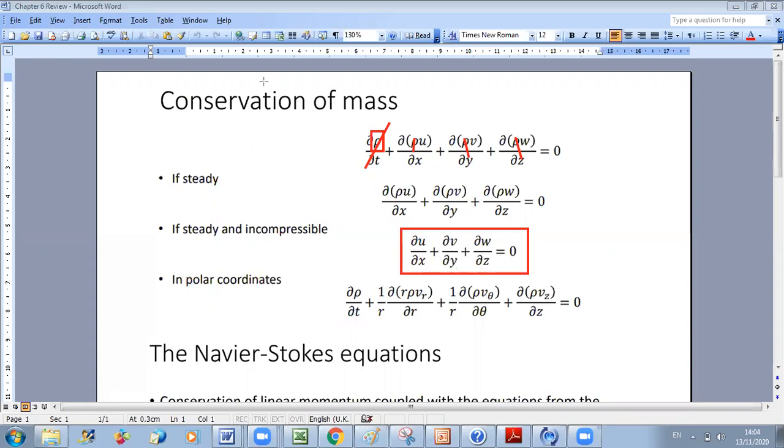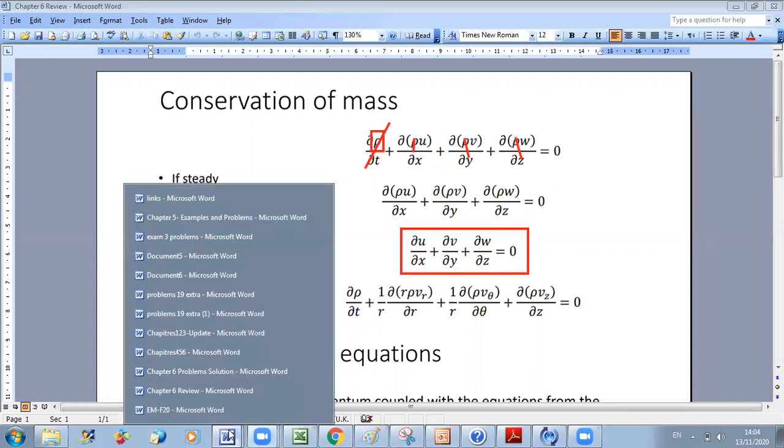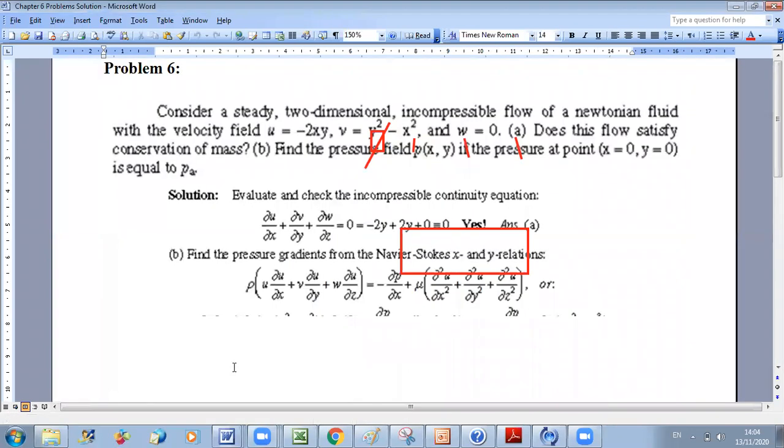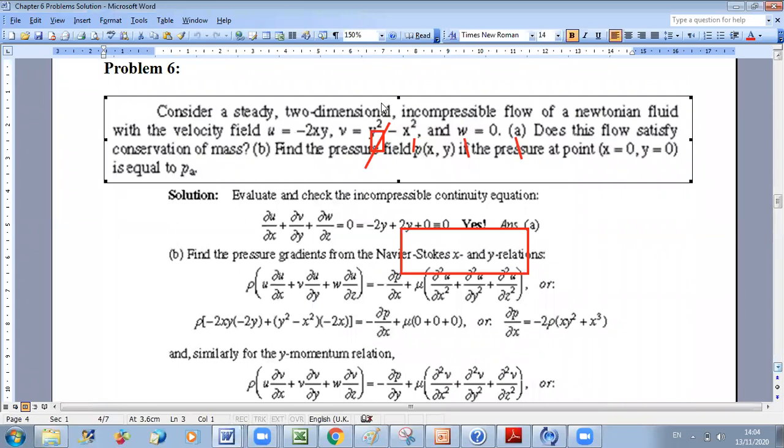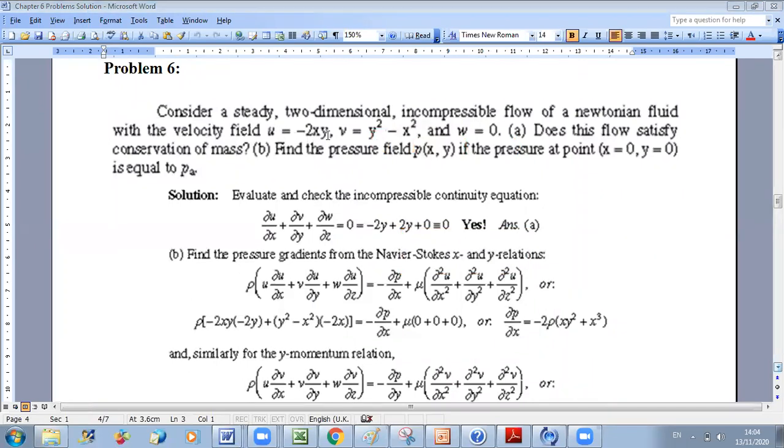So now if I go back to my problem, I want to verify that this equation is satisfied. So let us try to do it. u is minus 2xy. So del u by del x is minus 2y.